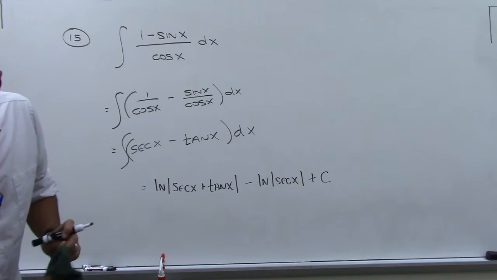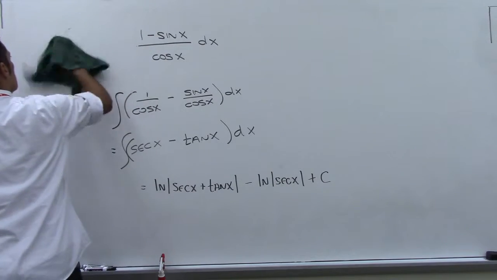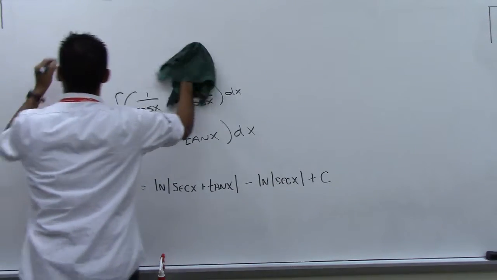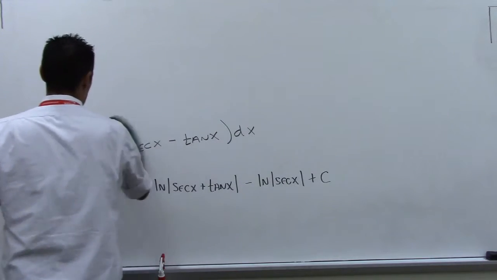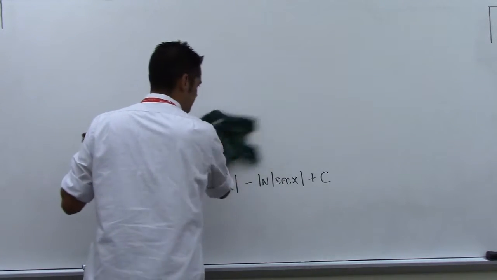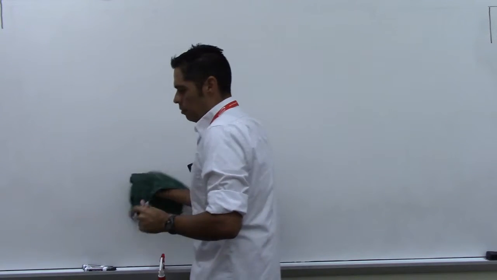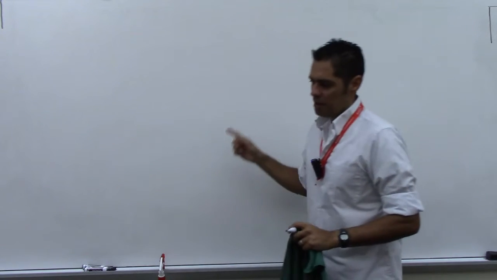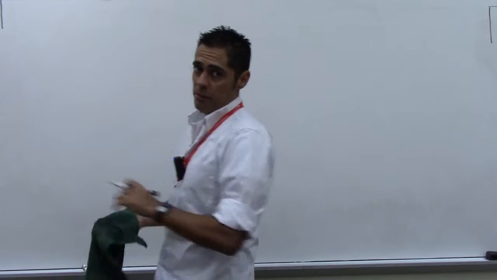All right, let's look at number 16. I like them when they're nice and easy like that. Just remember, if you have an integral with sine, cosine, tangent, secant, cosecant, or cotangent, all of those have formulas.